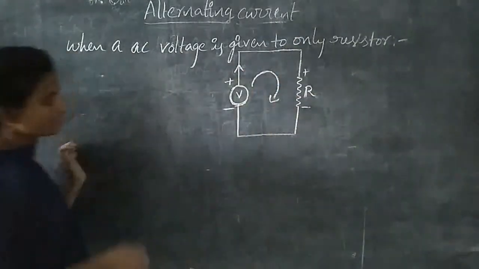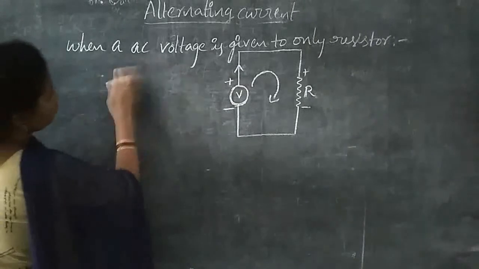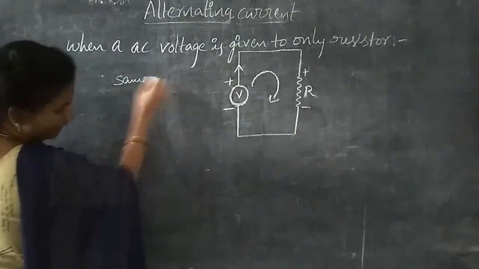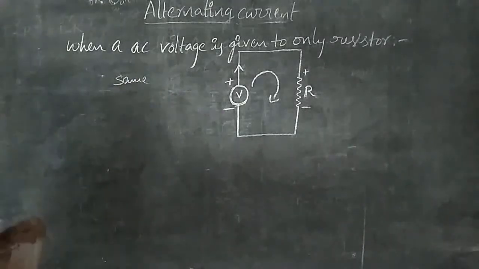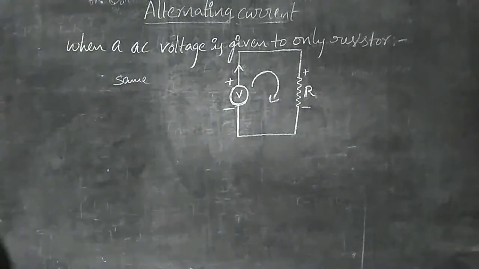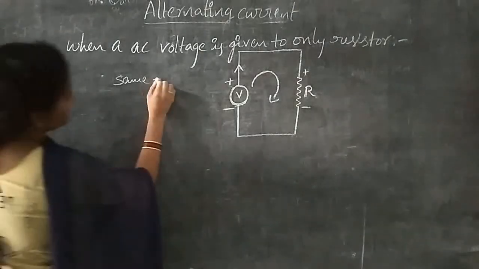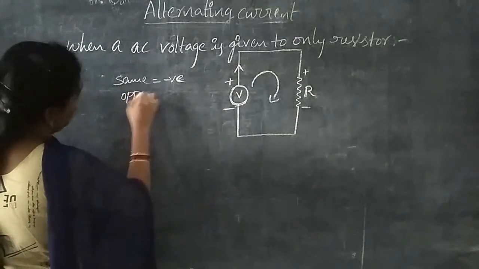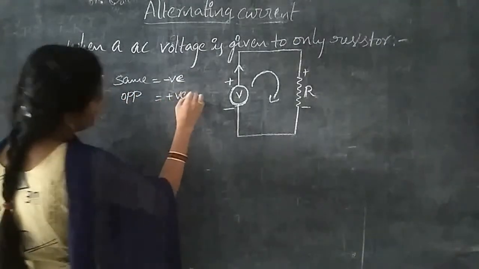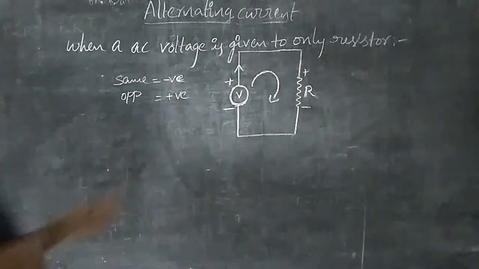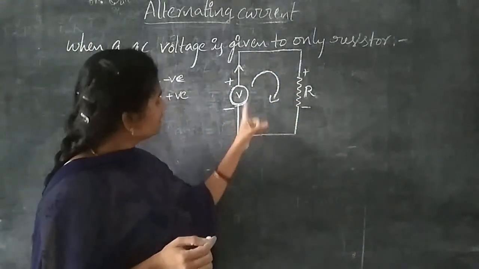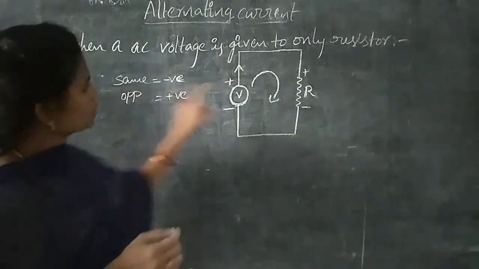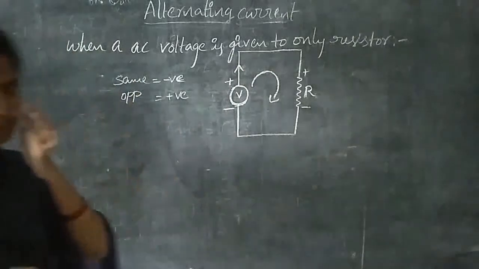According to Kirchhoff's voltage law, suppose it is our wish, the same direction as the current is taken as negative, and the opposite direction to the current is taken as positive.